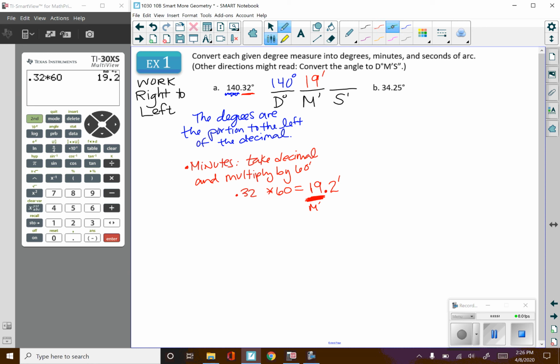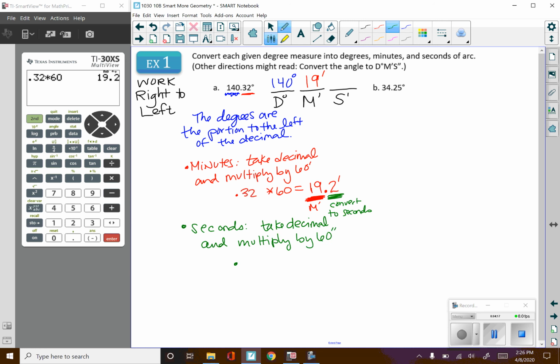And we will use the decimal portion to convert into seconds. We take that decimal and multiply it by 60 again, because there are 60 seconds in each minute.